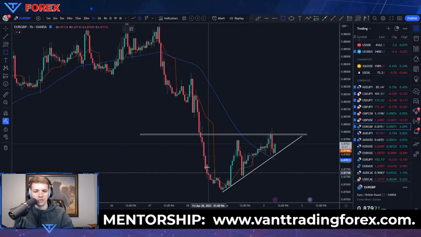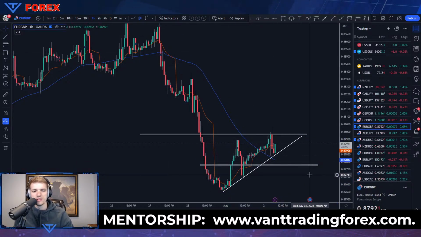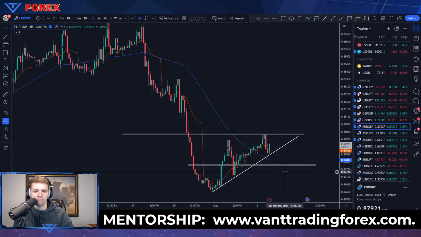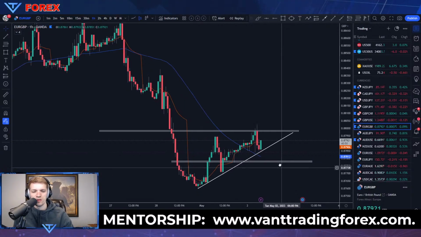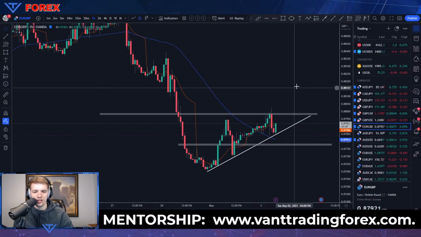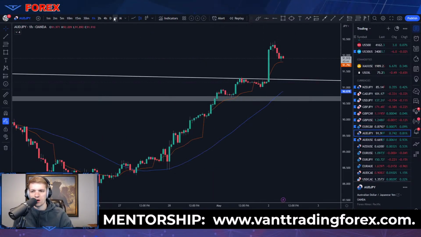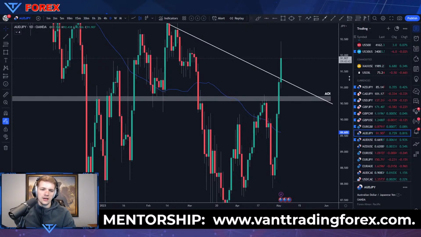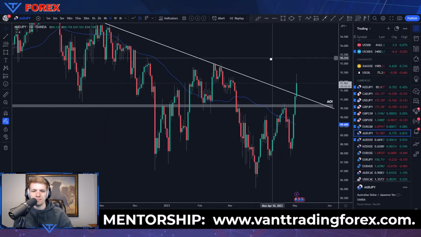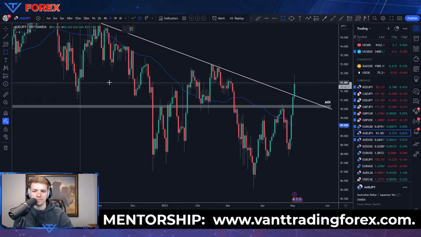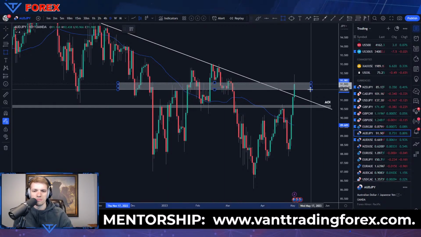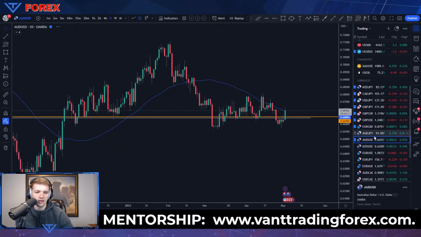Sells would be probably below this area right here. So, kind of in a range that I don't really want to trade, but one way or the other has a pretty clean range. AUD JPY on breakout mode here, but running into some resistance.